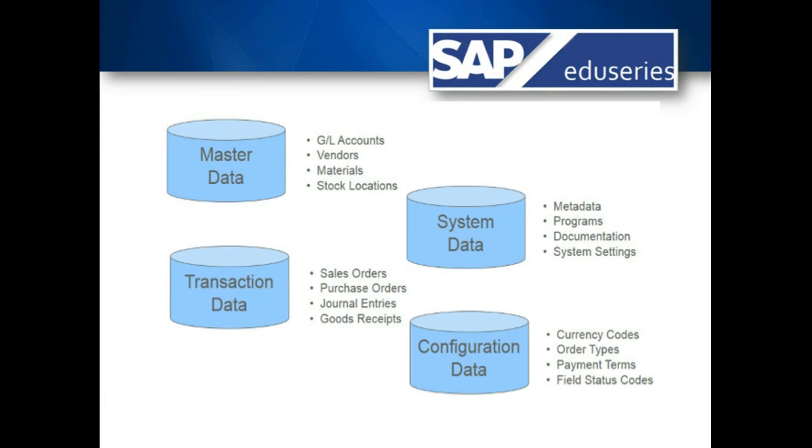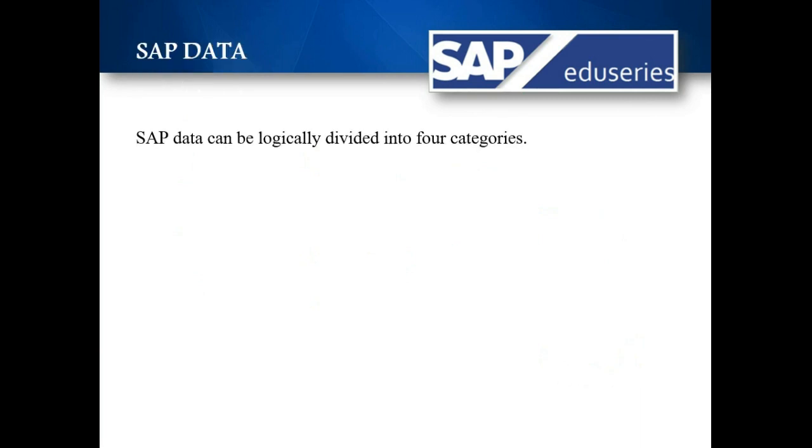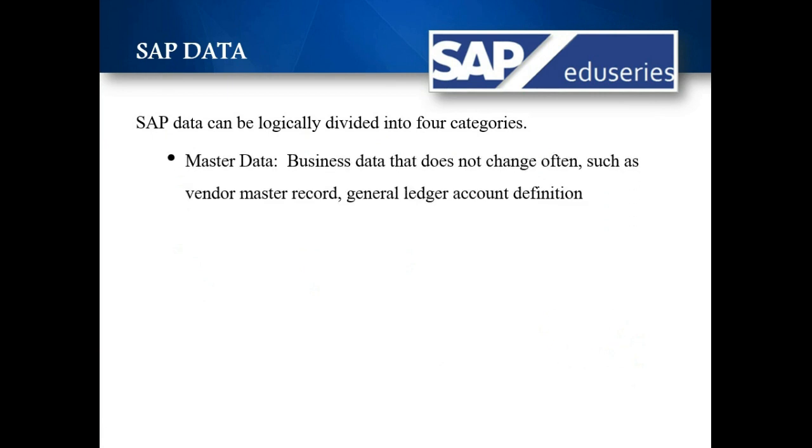This figure shows the SAP data classes which we're gonna discuss in next slide. SAP data can be logically divided into four categories. Master data, business data that does not change often, such as vendor master record, general ledger account definition.